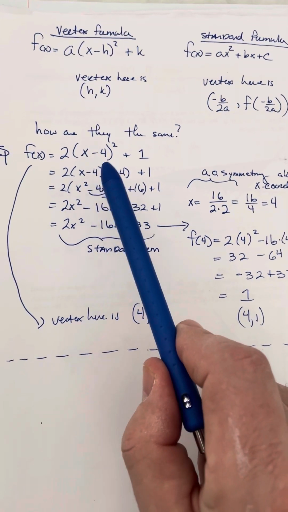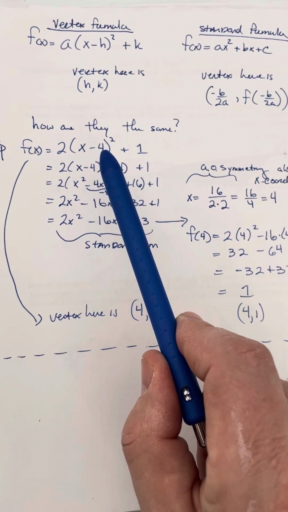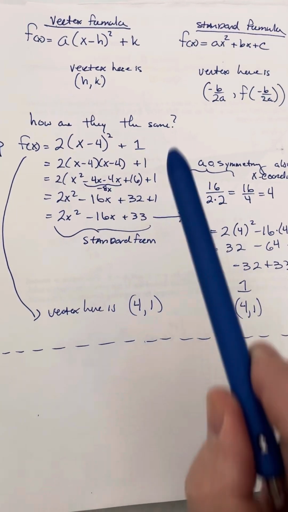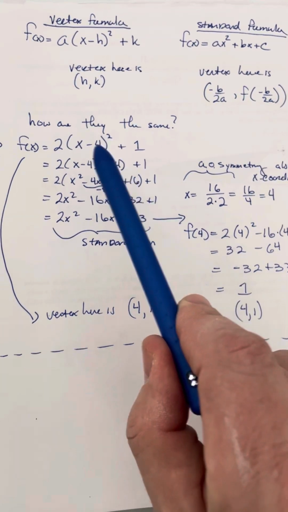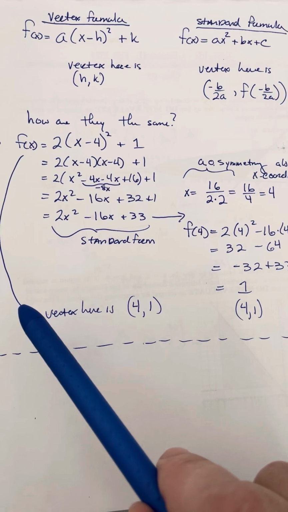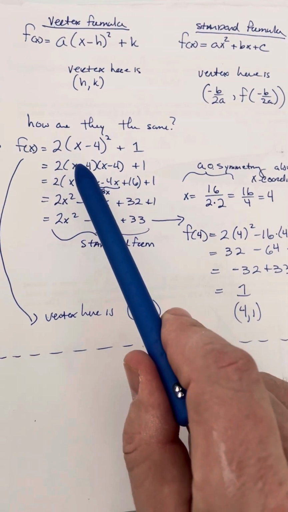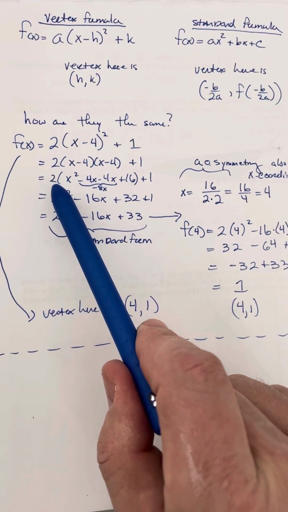Well, just by looking at this, we can see that the vertex is (4, 1). Remember, you pull out the opposite of what's inside that set of parentheses. So I have it squared, so I write it twice. And then I'm going to FOIL this out, leaving the 2 here.